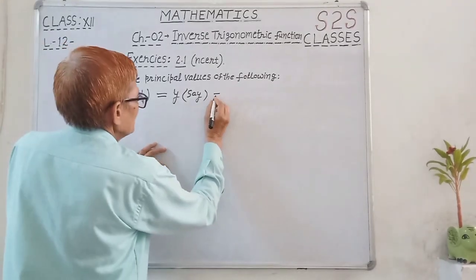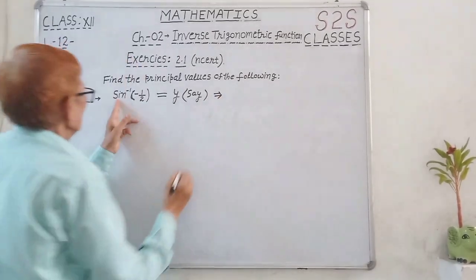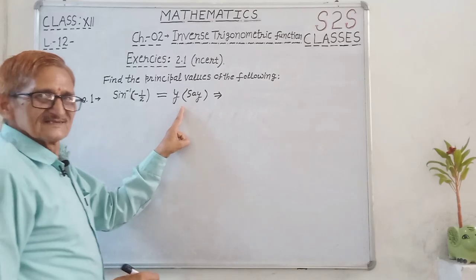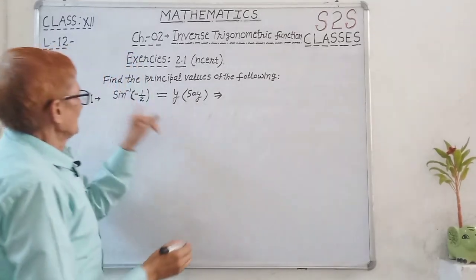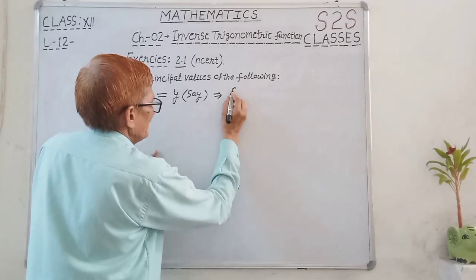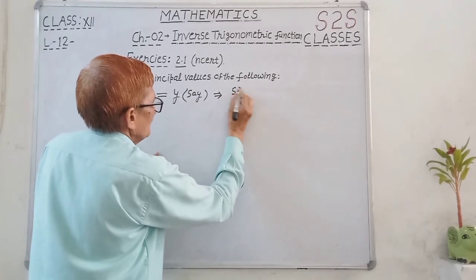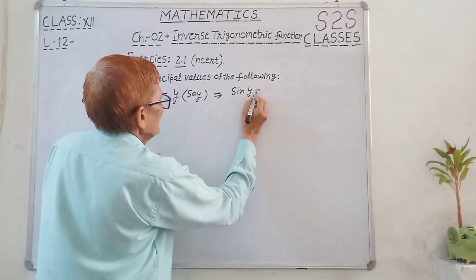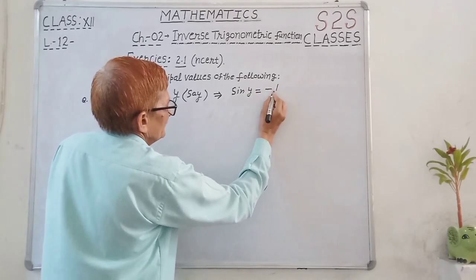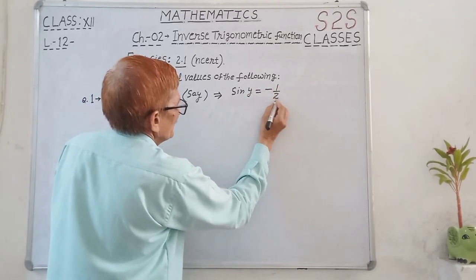Then this implies the inverse will come to this side, I told in the definition. So then minus half is equal to sine y. It means sine y is equal to minus half, means minus 1 upon 2.